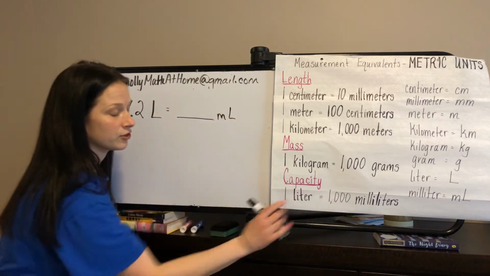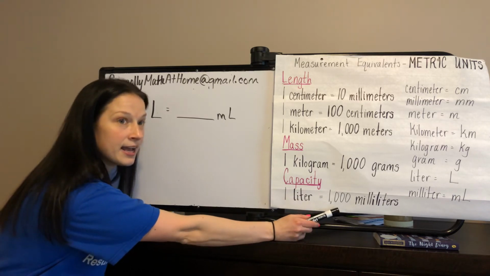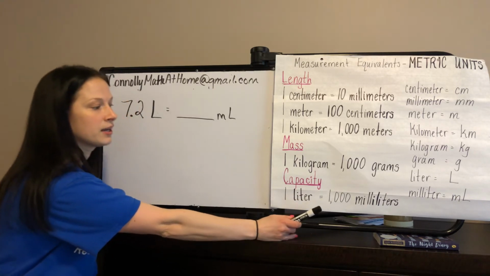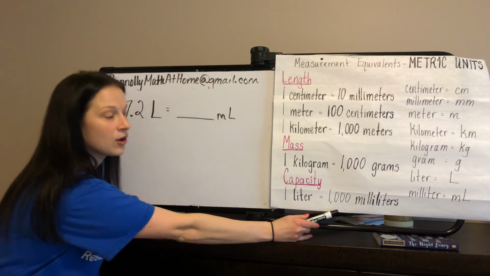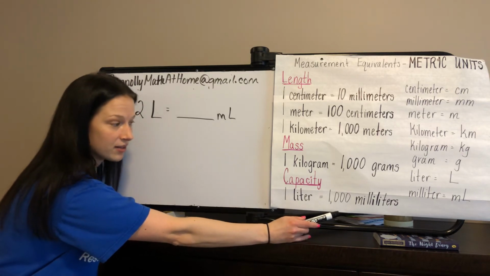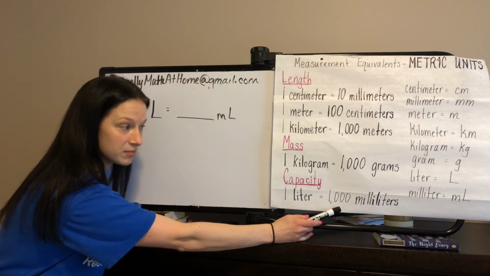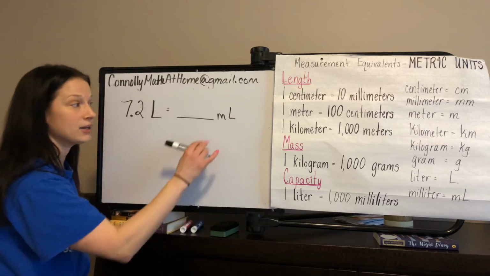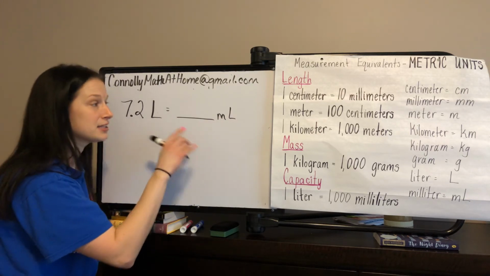So when you look at the conversion, if I'm going from liters to milliliters, am I going to have more milliliters? Will the number be greater? Or am I going to have less milliliters? When we think about it, 1 liter times 1,000 is 1,000 milliliters. So I know that since this is a smaller measurement, I'm going to be multiplying to figure out how many milliliters I have.